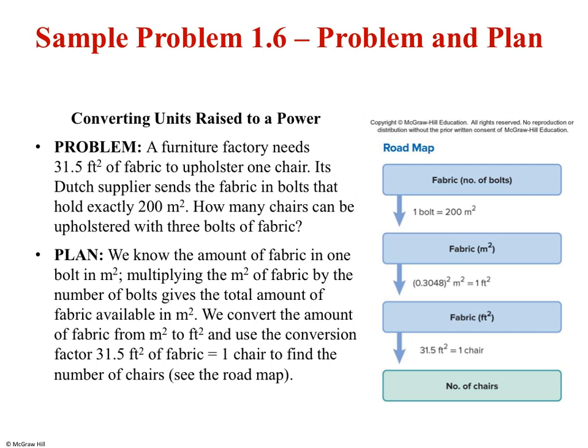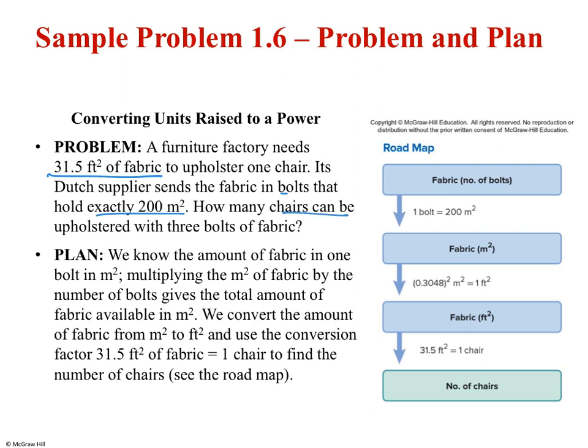All right. This one is, what if you're raising something to the power? Okay, so let's break the problem down. You see how it's helpful to figure the given and the conversion factors? A furniture factory needs this much fabric to upholster 1 chair. Its Dutch supplier sends the fabric in bolts that hold exactly 200 meters squared.